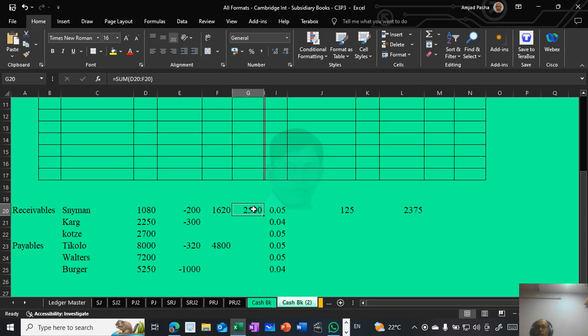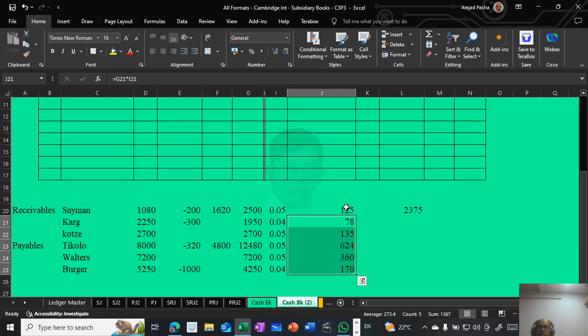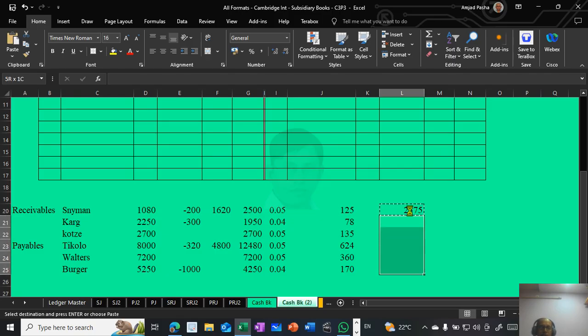So first we calculate. So this is the amount, net amount. These are the amounts that are received and these are the amounts that are discount.